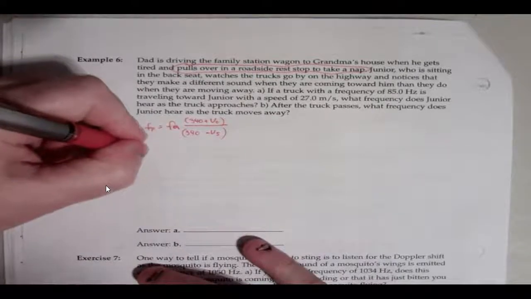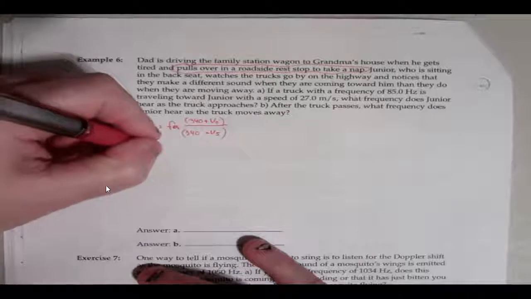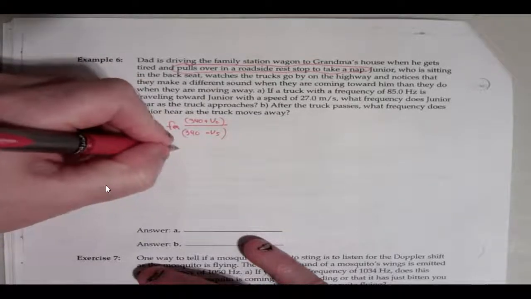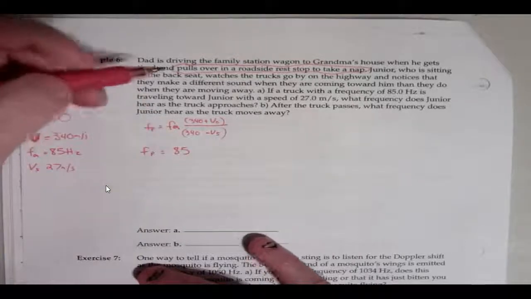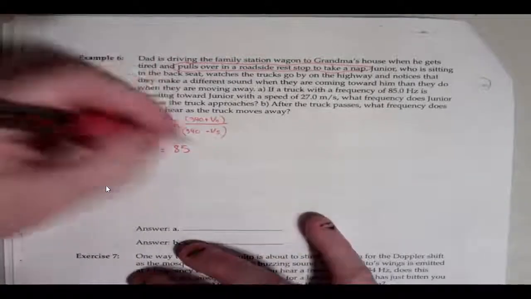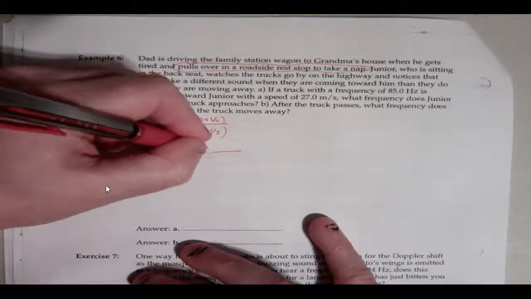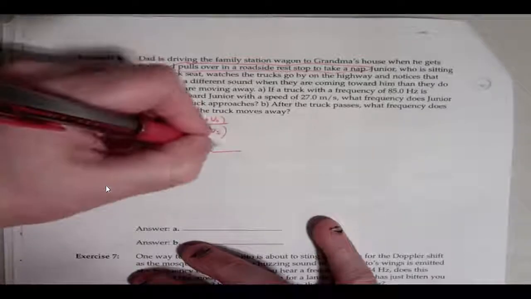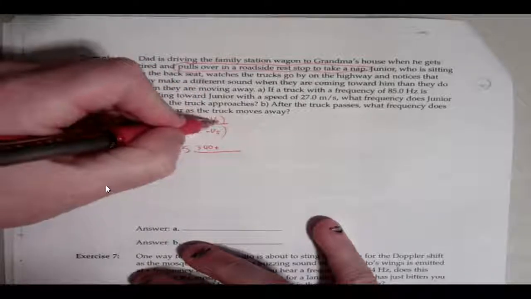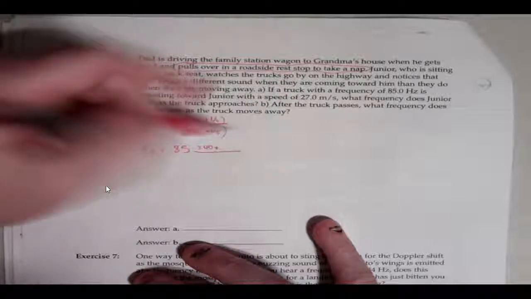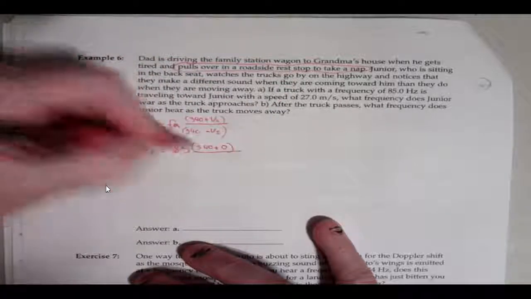So the frequency perceived equals 85, because that's the actual frequency of the object, right? Times the speed of sound plus the observer's velocity. They're pulled over at the rest stop, which means their velocity is 0.